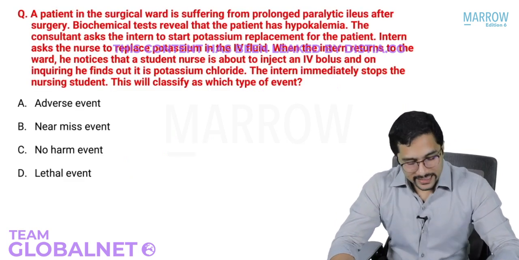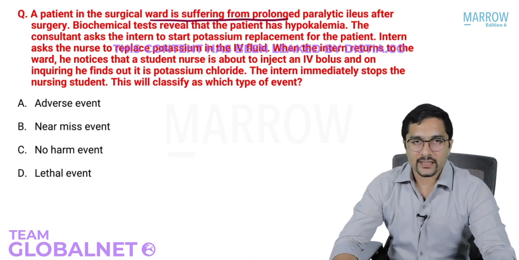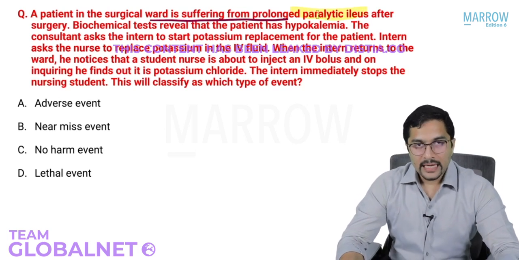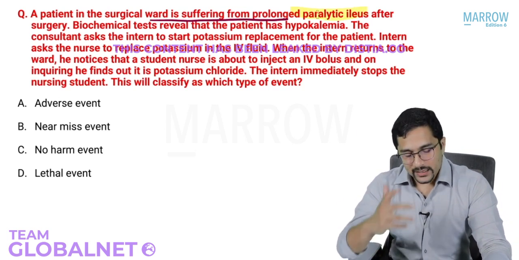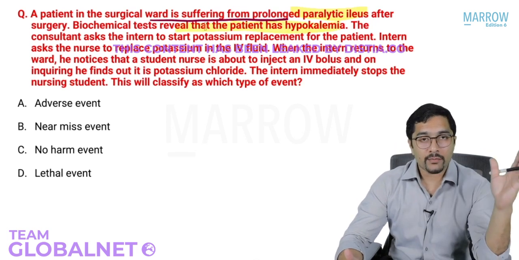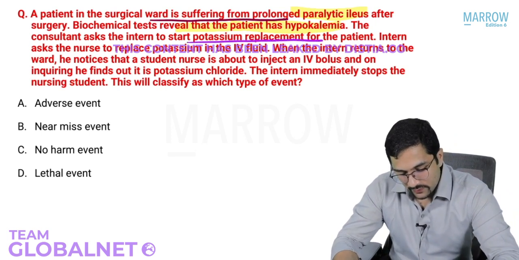So the first MCQ is that a patient in the surgical ward is suffering from prolonged paralytic ileus. After surgery, the bowel cannot contract, so there can be paralytic ileus. And the most common cause of paralytic ileus, I've covered in the bowel obstruction module, is hypokalemia, right? The consultant asks the intern to start potassium replacement for this patient.